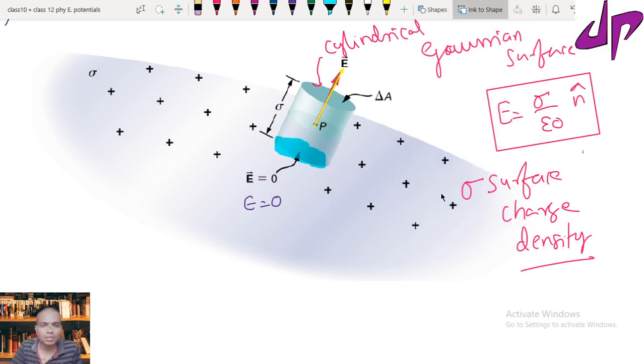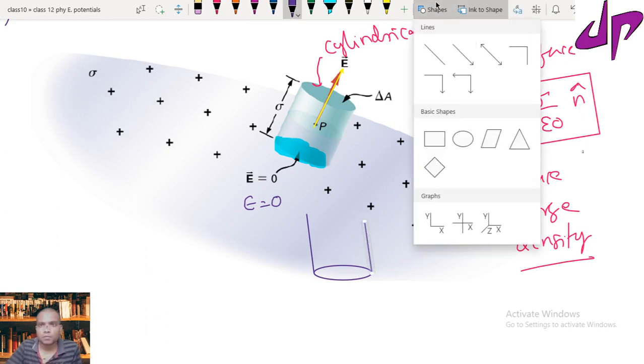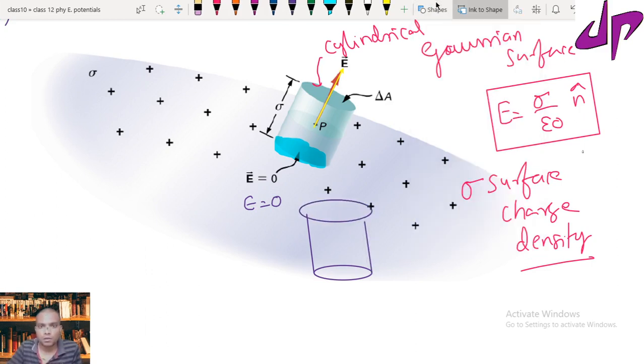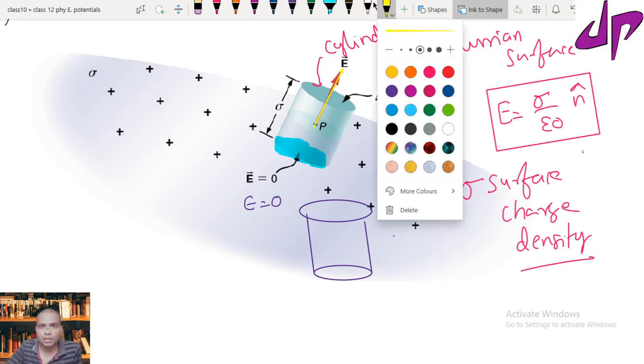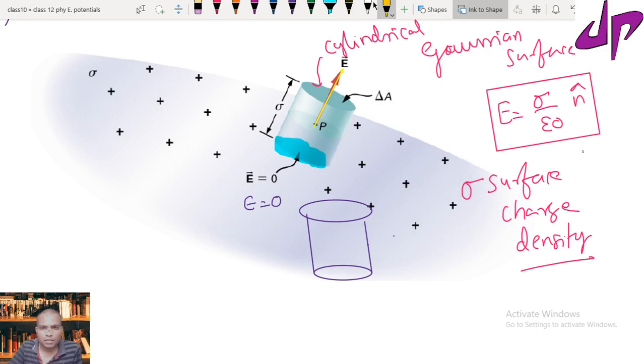Suppose I take a cylindrical Gaussian surface here, and I draw two more lines to make you understand. From the surface, the electric field lines are moving in the upward direction. This is the outside area.